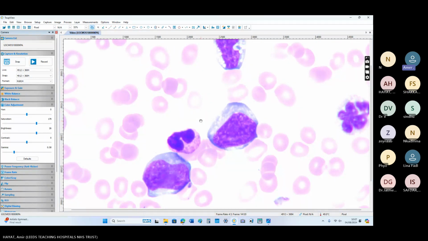Okay, yeah. So if you mention in the exam that because of high IPI, I will offer the patient a Polar trial or Polar R-CHP 6 cycles, that is enough, because they want to know which chemotherapy you will offer to the patient.